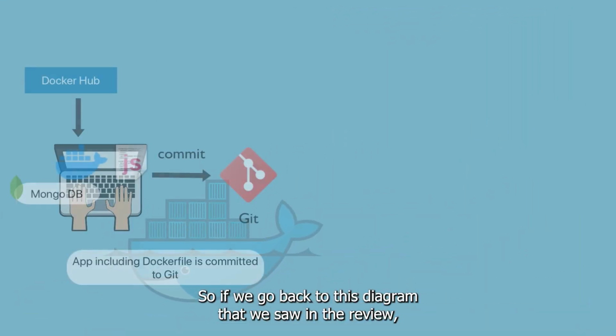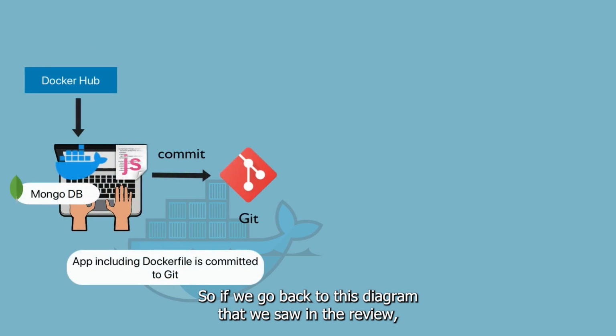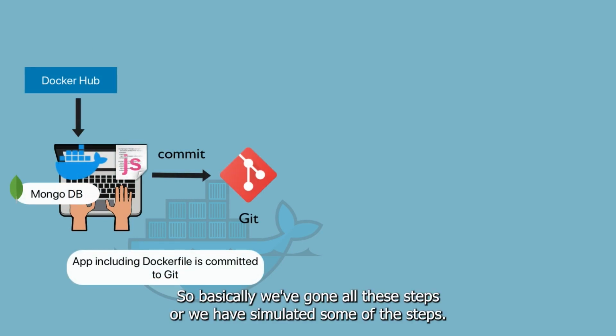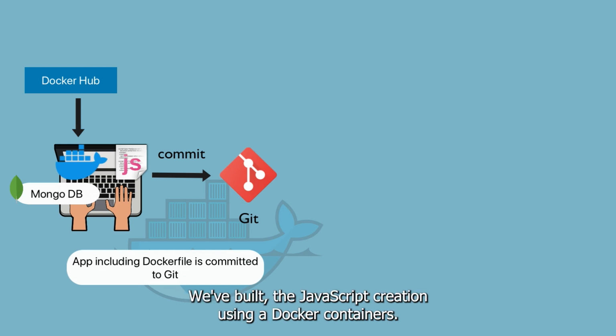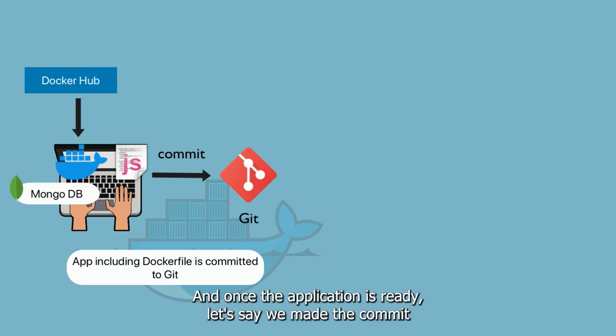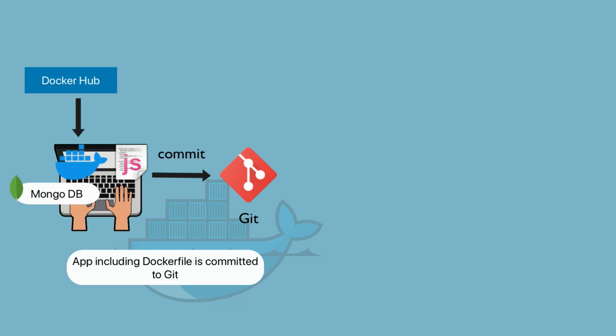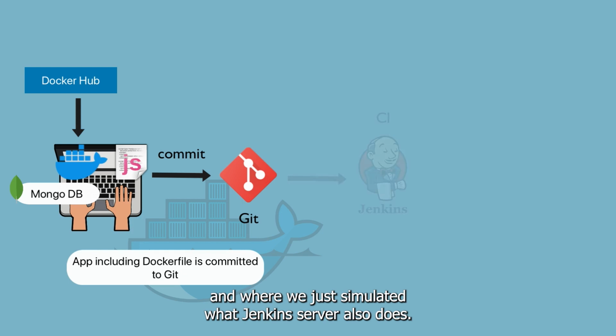If we go back to this diagram that we saw in the review, we've gone through all these steps, or we have simulated some of them. We've built the JavaScript application using Docker containers. And once the application is ready, let's say we made the commit, and we just simulated what the Jenkins server also does.